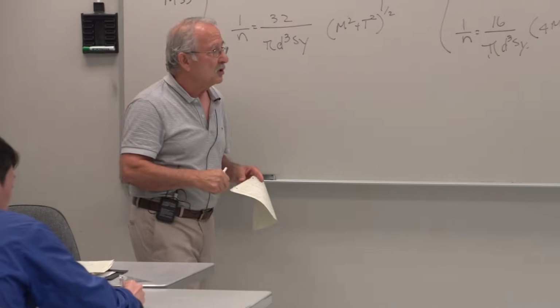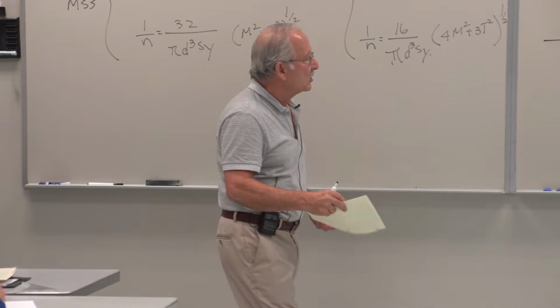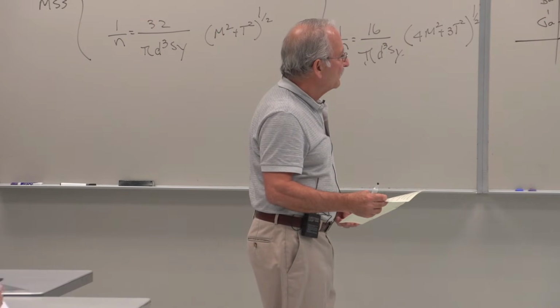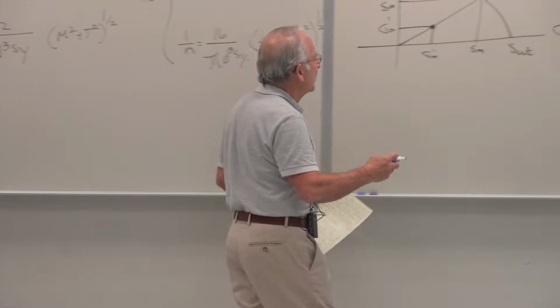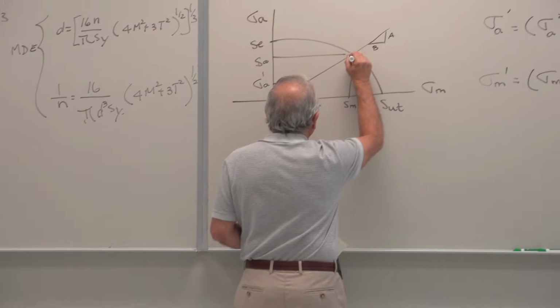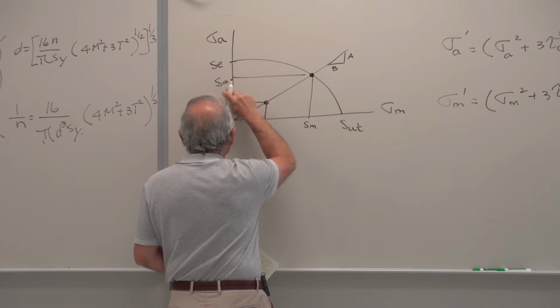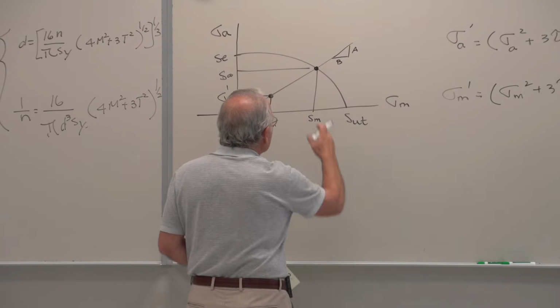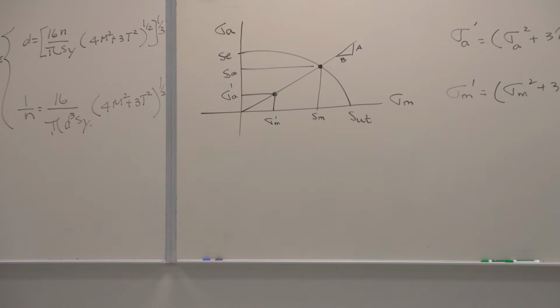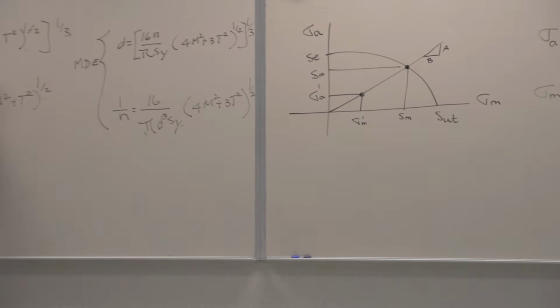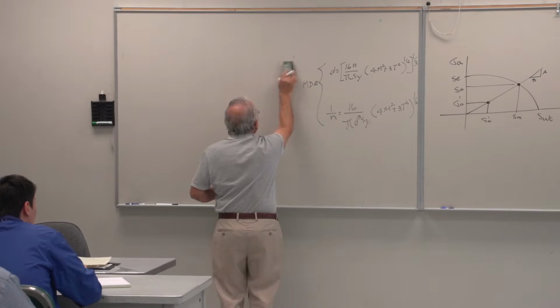It's all dependent on the applied loads, bending moments, and all of that. And now we can do exactly the same thing as we did before. Find the coordinates of that point called SM and SA. Write the equation for the Gerber line. A Gerber line is a parabola. Its equation looks like this.